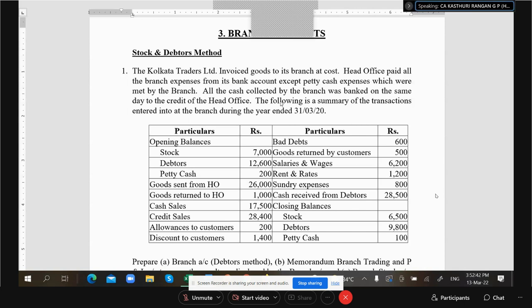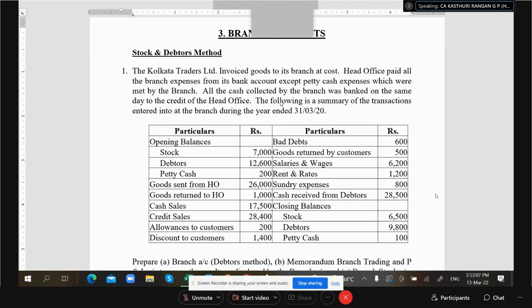Very high possibility is problem based on stock and debtors method. So, if there is a problem on dependent branches, you may most probably get a problem based on stock and debtors method. There can be a problem on independent branches also. There could be a problem on foreign branches also. So at least three different segments are there.